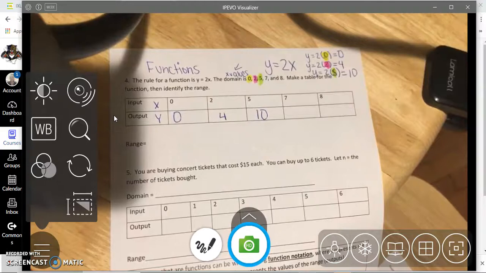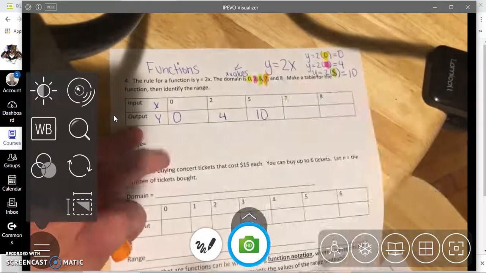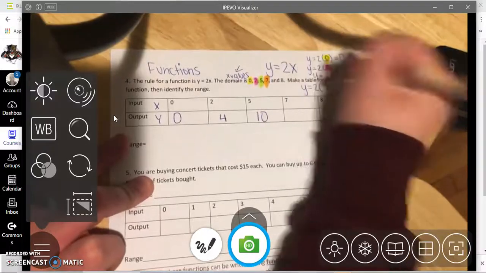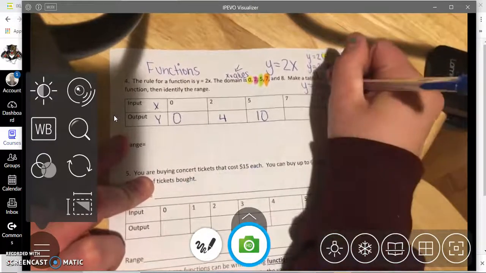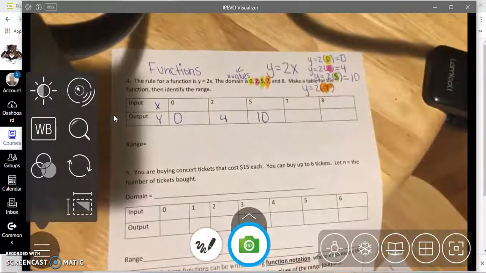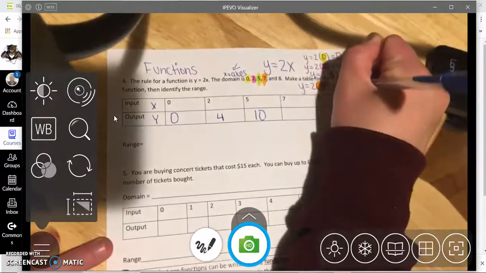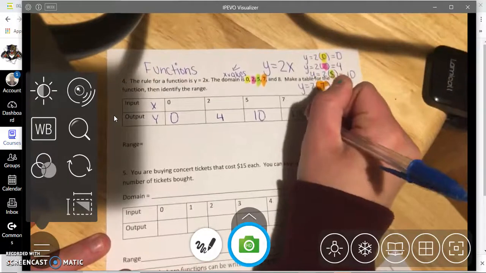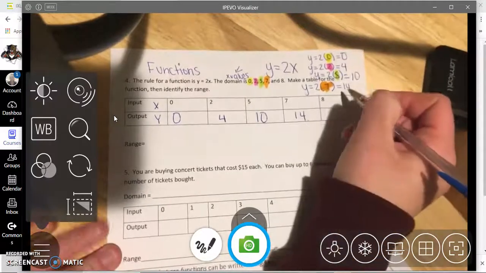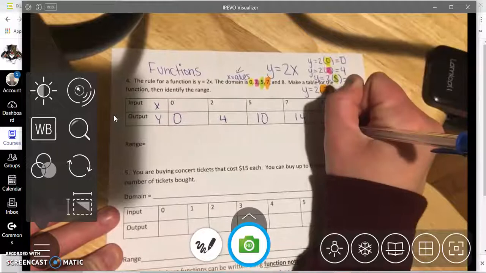Now we'll use orange. When our x is 7, we have y equals 2 times 7. 2 times 7 is 14. Put 14 for your y value. And then our last one, I'm going to write it down here.